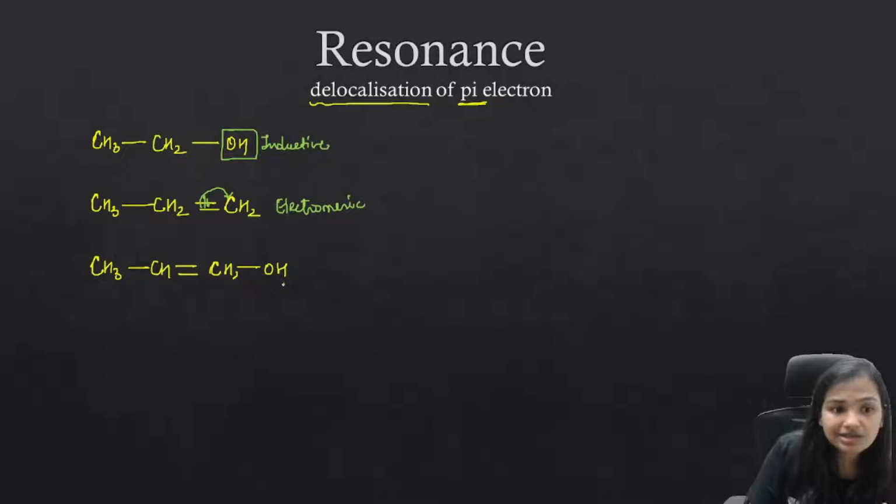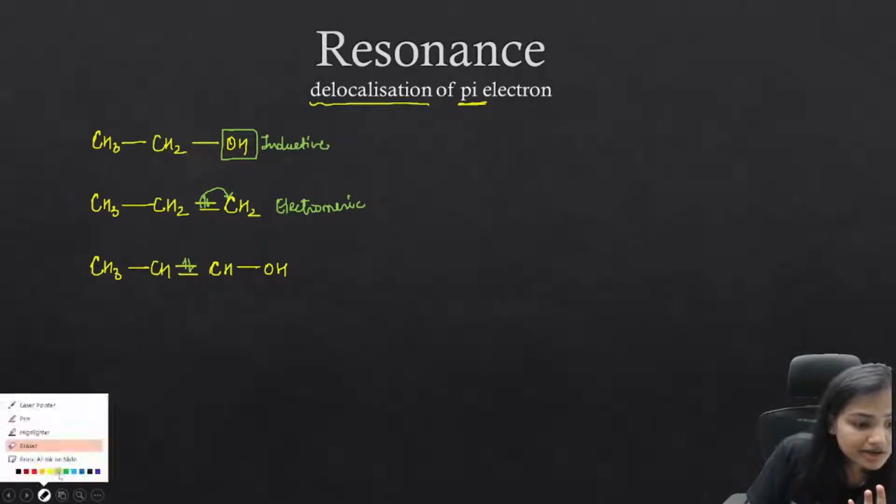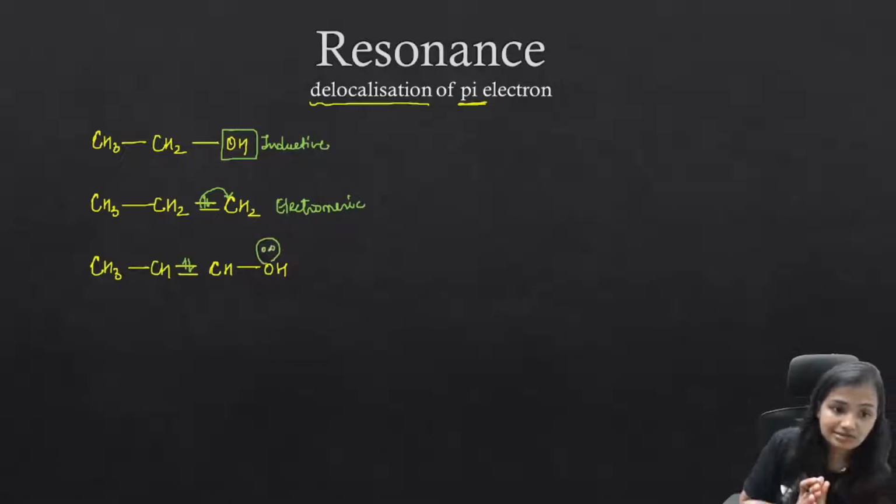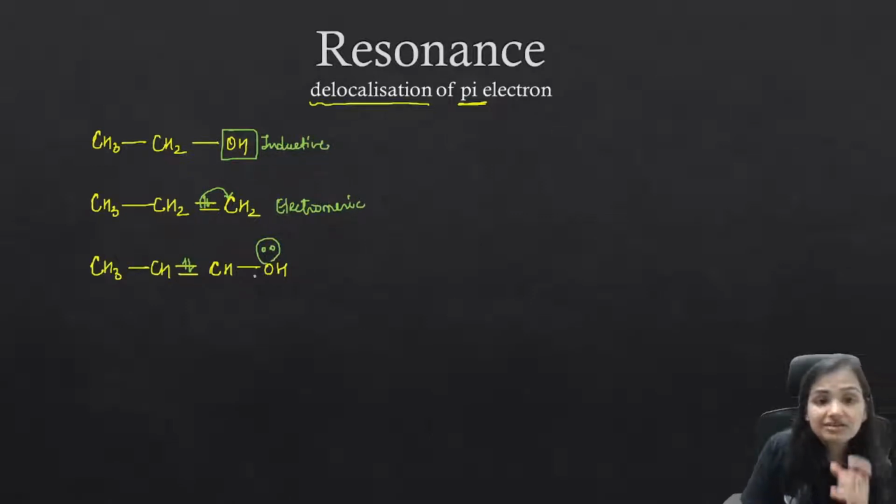But what can happen in this case? Here we have a pi bonded electron, but at the same time we also have one more thing. What is that? The lone pair of electrons over the oxygen. So here also we have a pi bond, but the difference is that we have an oxygen as well.